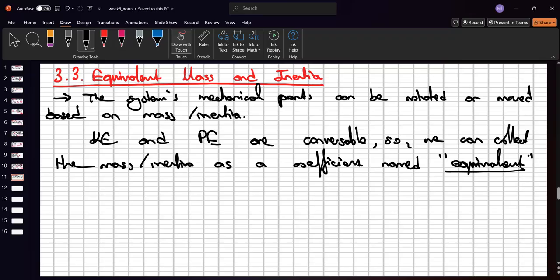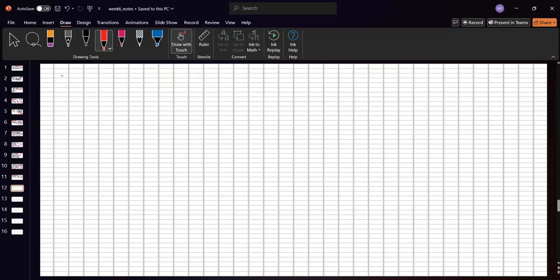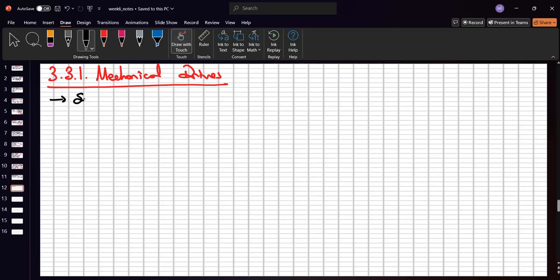So how can we build this mechanism 3.3.1, which is the mechanical drives? Suppose that, in order to understand this term, we have, for example, this detailed shape in here, just like this one. And so we have some root value for this rotated element in here.